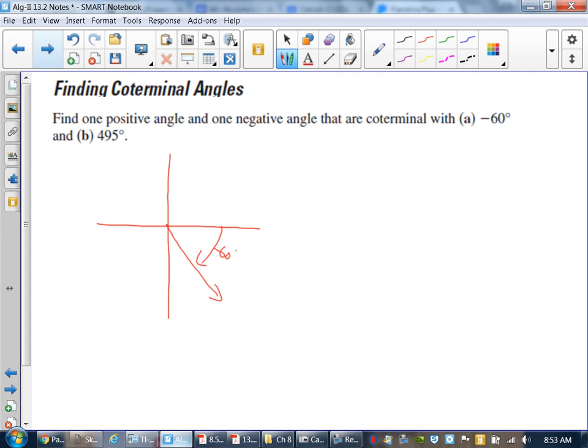If I'm going to go another negative coterminal angle, it means I have to start here, go all the way around, end up there again. So if you go all the way around something, you're going how many degrees? 360. So if I start it here, I go all the way around 360, how many more do I have to go? 60. So that would be at negative 420 degrees.